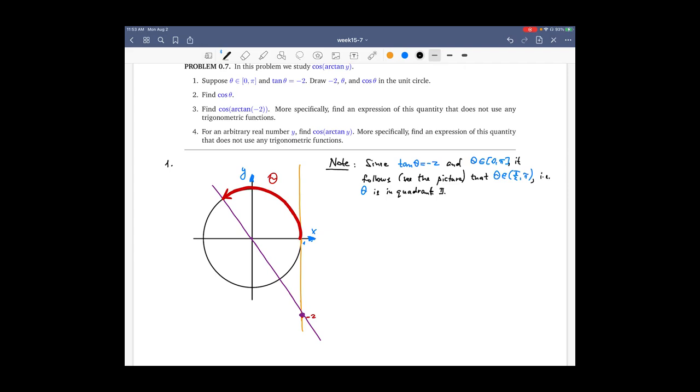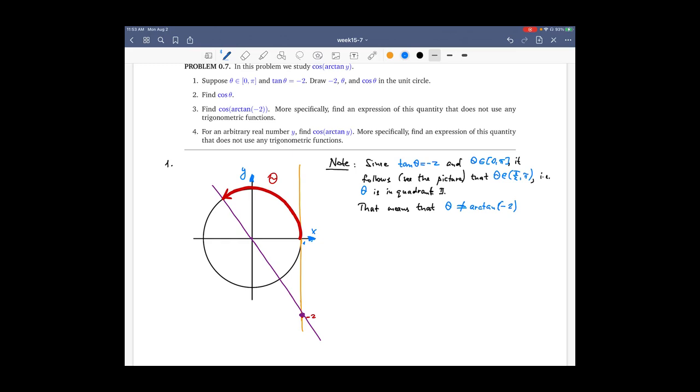That means that theta cannot be arctangent of -2. Theta is not arctangent of -2.